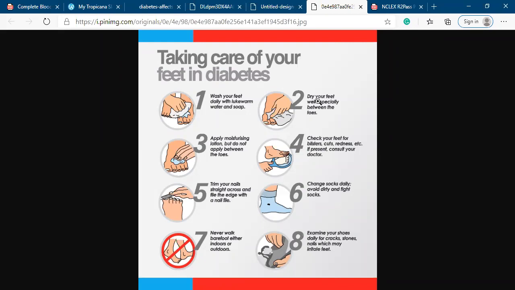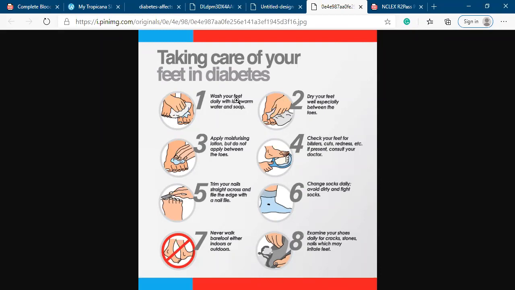One, we have to inspect the patient's feet daily. Every day, when you educate your patient or when you check the patient, you have to check and see their feet.